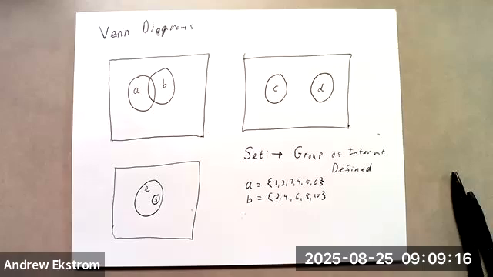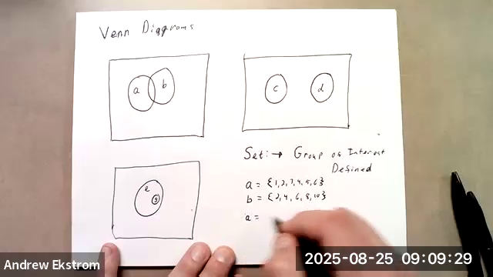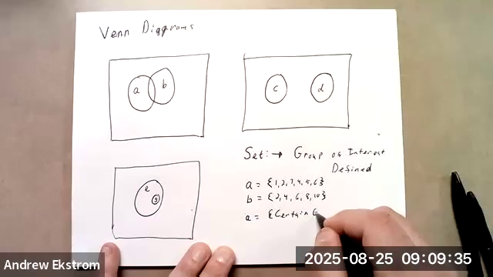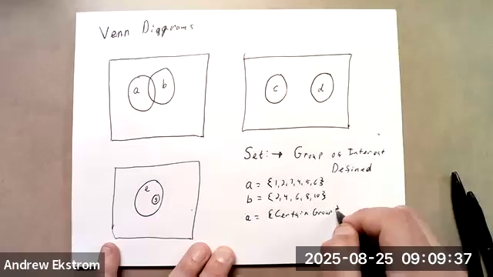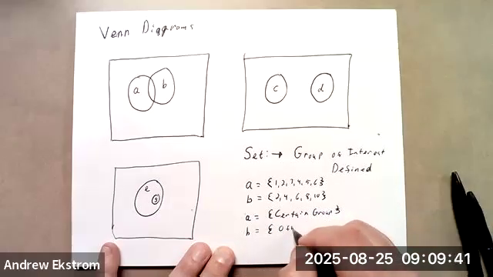In math, a lot of times this is what we're going to be doing. But if you get into psychology, sociology, history, that sort of stuff, we can also say that A is a certain group, and then B is another group.